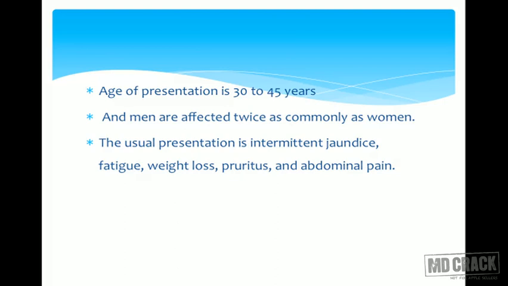So the age of presentation is 30 to 45 years. Men are affected twice as commonly as women. The usual presentation is intermittent jaundice, fatigue, weight loss, pruritus and abdominal pain. So these are very indicative of obstruction which is occurring repetitively.